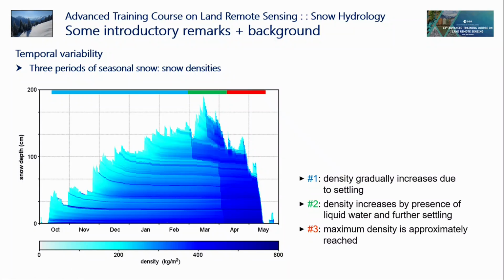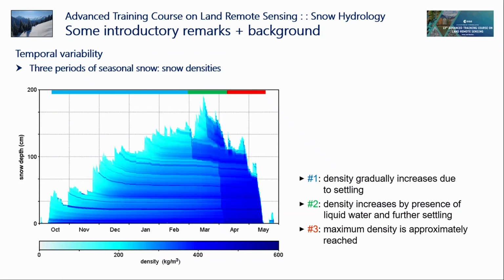At the beginning you have a density increase that's slowly, subtly settling the snowpack, and then you see an acceleration by some sort of process where all of a sudden the snowpack gets darker, like a jump change, and at some point you have this high density all the way through to the bottom of the snowpack. There are some issues here where you have some new snowfall, but basically that's all driven by the presence of liquid water.